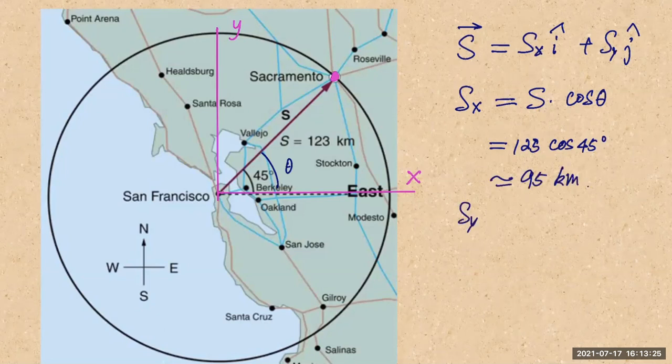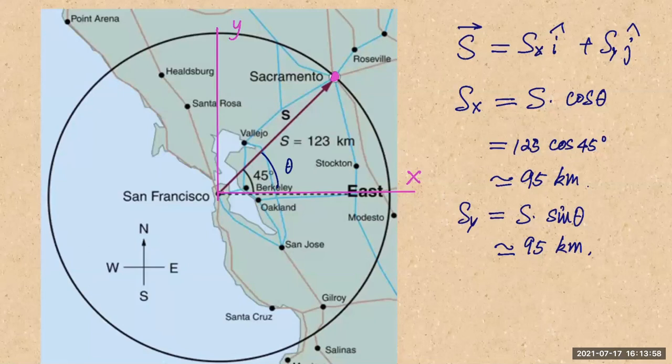Similarly, Sy, the y component of this displacement vector S, is S times sine theta. And that'll give you also 95 kilometers, because at 45 degrees, the two components are equal to each other. So I have expressed this vector pointing from San Francisco to Sacramento in terms of two numbers, 95 kilometers and 95 kilometers.